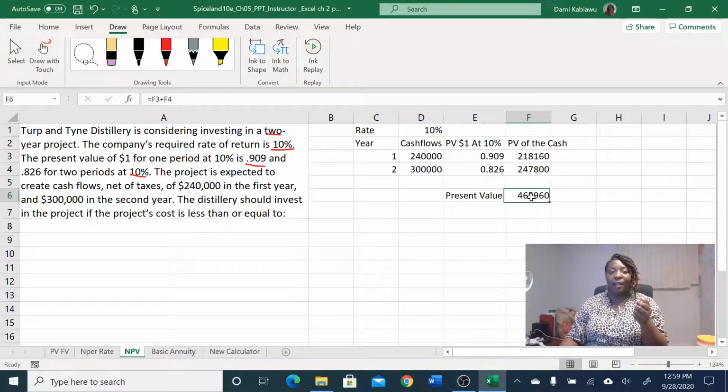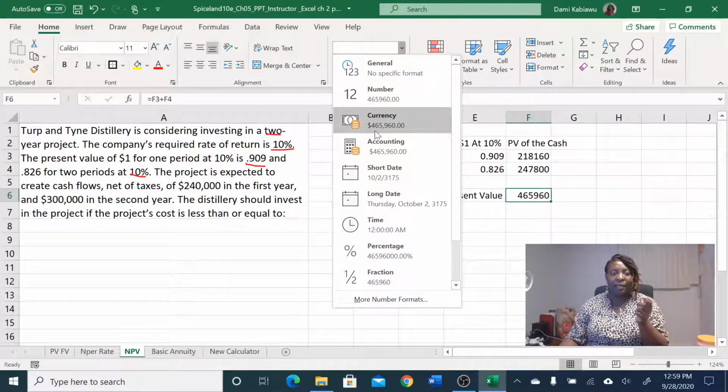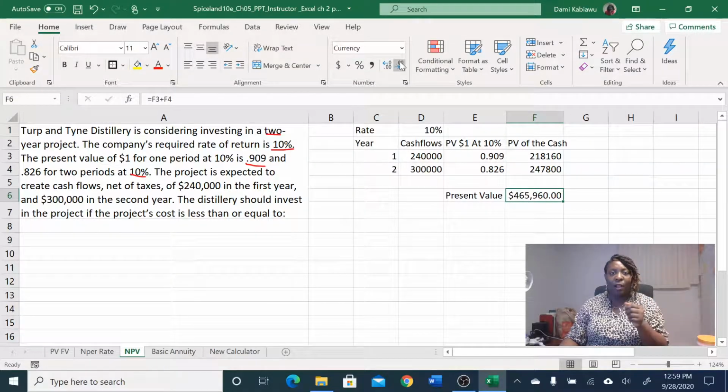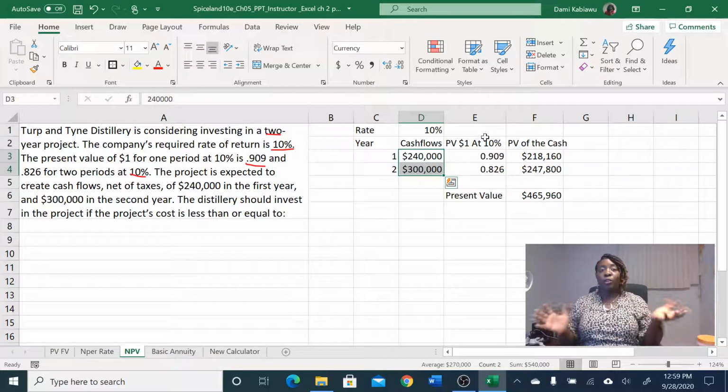So that's 465,960. I'm going to format this as a dollar amount. It makes it easier to see what's going on without the decimal places. And I'm going to take this format and paint it onto the other dollar amounts. So this is the solution to the problem.